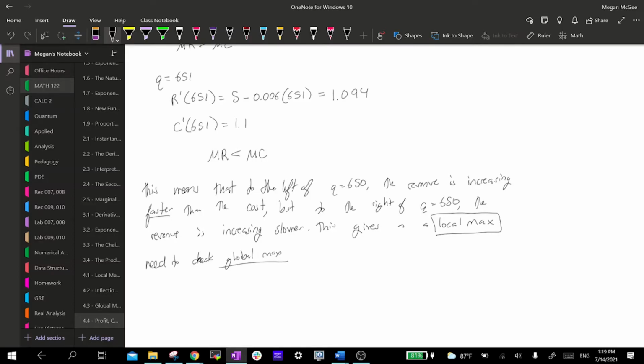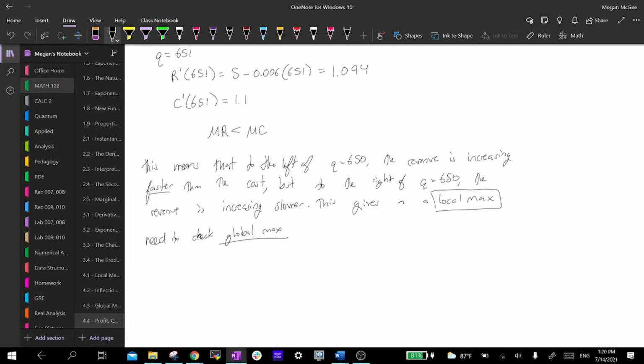Alright, so we need to evaluate the profit at q is equal to 650, our critical point, and also our profit at 0 and at 1000. Those were the endpoints of our function. So our profit at q is equal to 0, well, this is our revenue at 0 minus our cost at 0, which gives us negative 300.